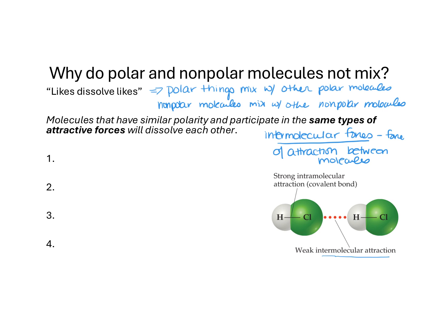So if we're talking intramolecular here, this is between atoms. So like a covalent bond, which is shown here in hydrochloric acid or HCl, versus the weak intermolecular attraction, which is between molecules. And so what we have here are 2 molecules of HCl. Now, a lot of times this type of attraction is shown with a dotted line here, this intermolecular attraction.